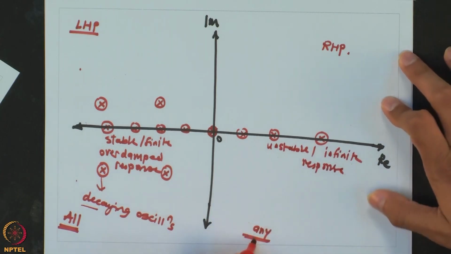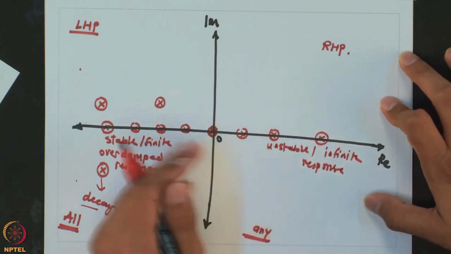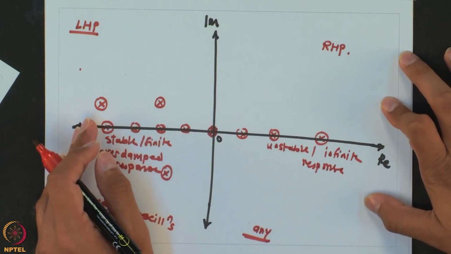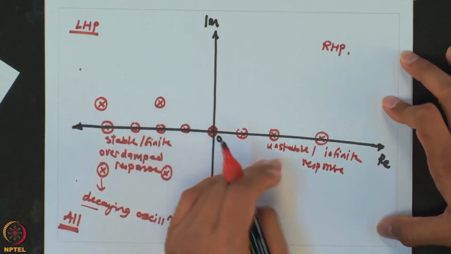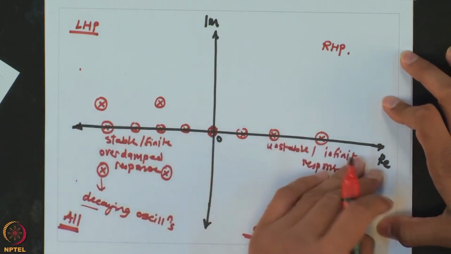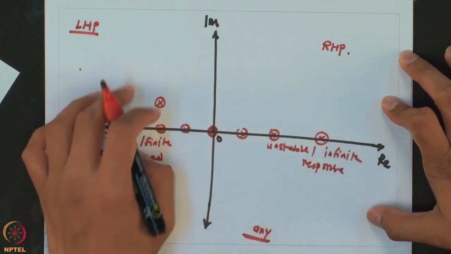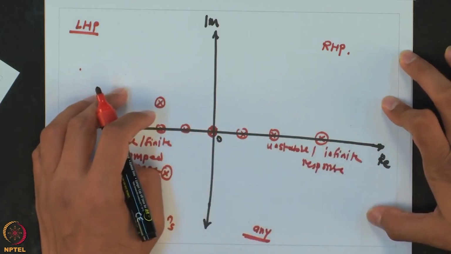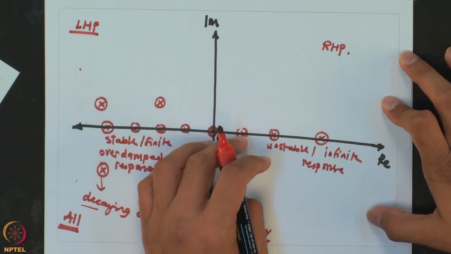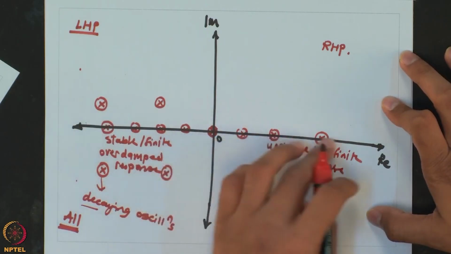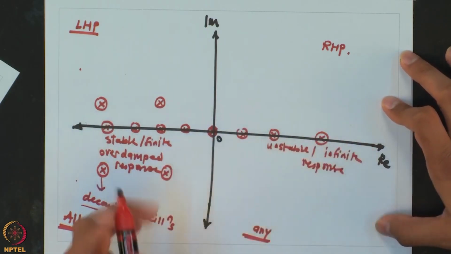This happens when any of the poles is on this side. Even though n minus 1 poles are on the left half plane, even a single pole on the right half plane will give you these kinds of responses, because all these will die down to 0 as time t goes to infinity. So, the only thing which does not die down to 0 will be anything on the right half plane.